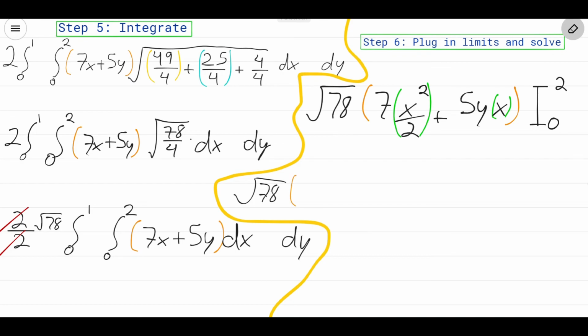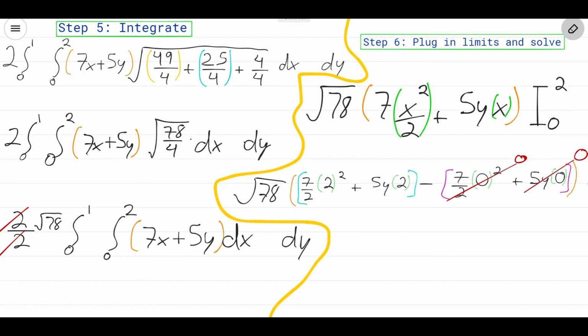Furthermore, the square root of 78, 7 over 2, 2 squared plus 5y, 2 minus 7 over 2, 0 squared, plus 5y of 0. So all I'm doing now is just plugging in the bounds, the x limits, and in doing so, I know these terms go to 0 because they zero out, and we're left with just the first part of the problem.